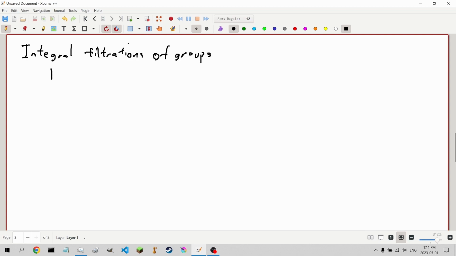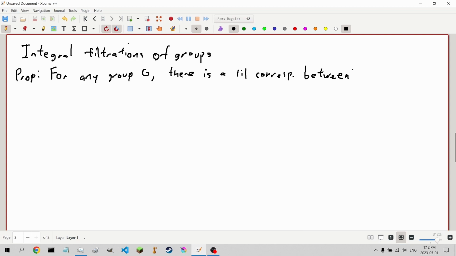So this is a proposition. For any group G, there is a one-to-one correspondence between the two following things.